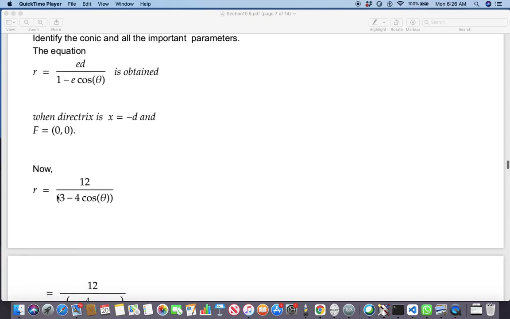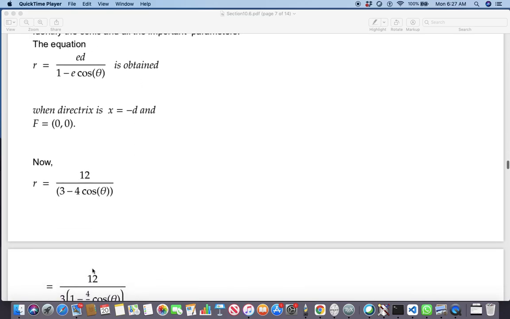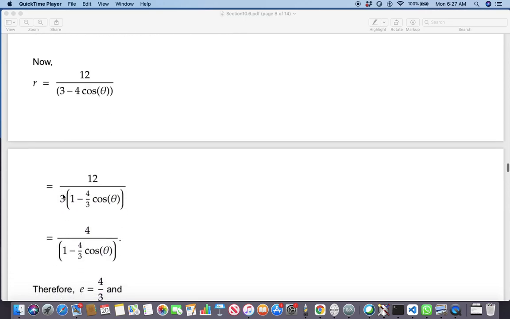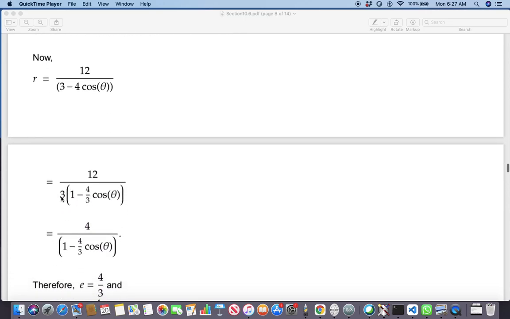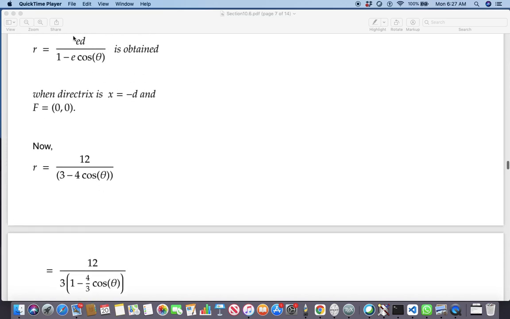So r equals 12 over 1 minus e cosine theta. You need to rewrite it with a 1 over there. So take your original equation, polar equation, get 3 out, 3 divides. Now this is exactly like this.